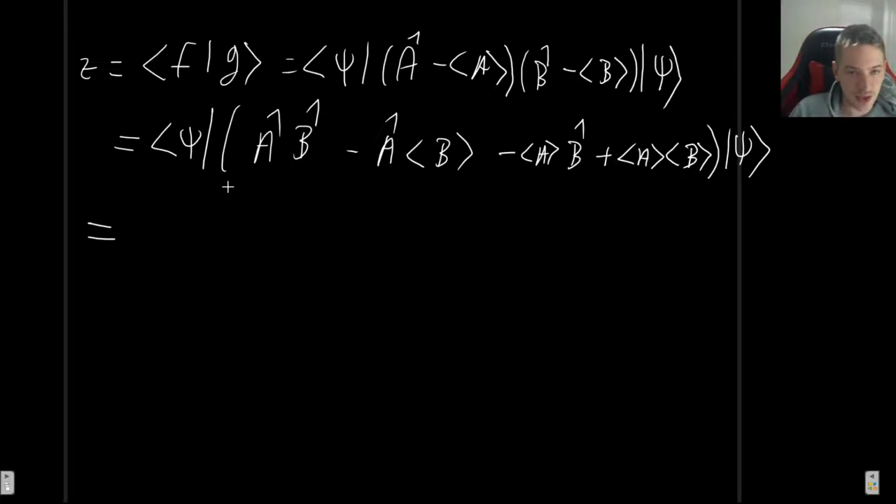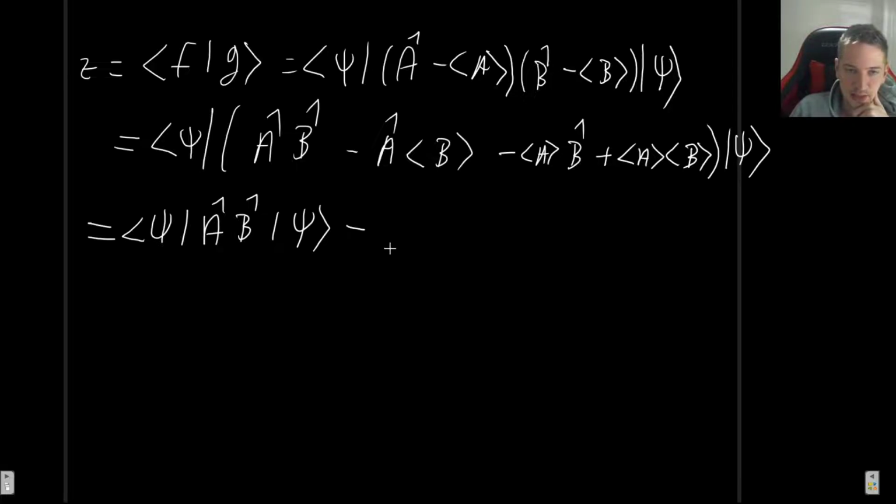What we can do here is just separate each one of these quantities into its own little sandwich. So we get psi, and sandwiched in between we have AB of ket psi.